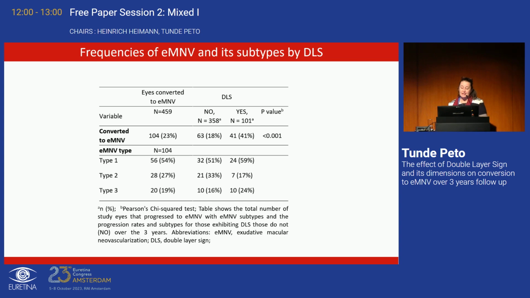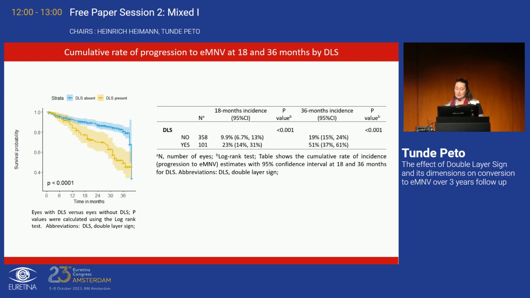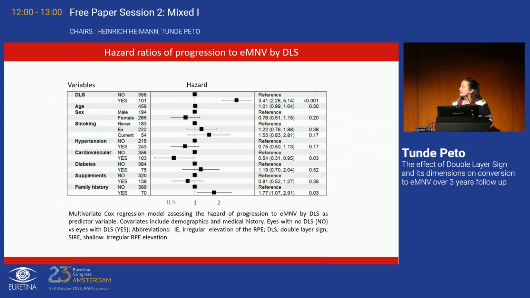So DLS was helpful for us to be able to find who was going to convert at 18 and 36 months. And you can see on the Kaplan-Meier curve that it really nicely separates quite early on. And by about 36 months, there is a definite difference between those who did and those who did not have DLS.